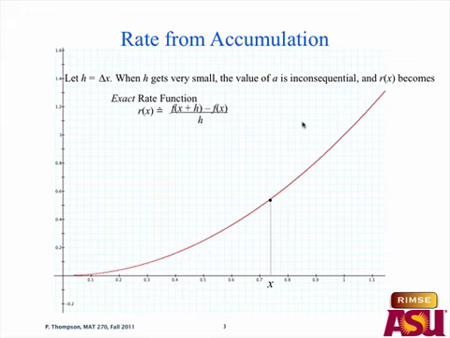So for a very small h, remember, on Friday we talked about this symbol right here. What does that symbol mean? Essentially equal to, right? And this is the idea of limit. As h gets small enough, these two values are essentially equal.